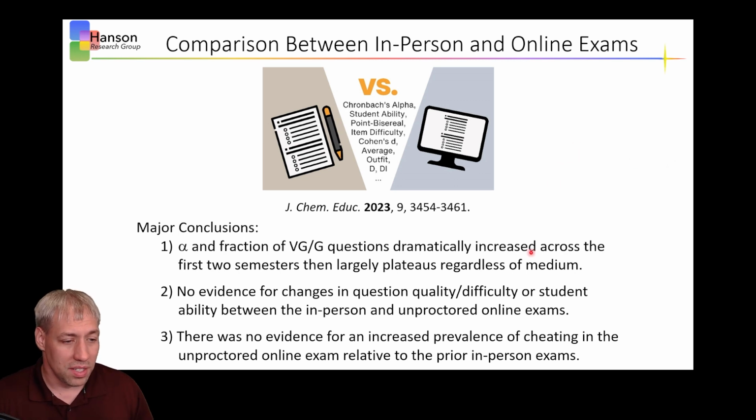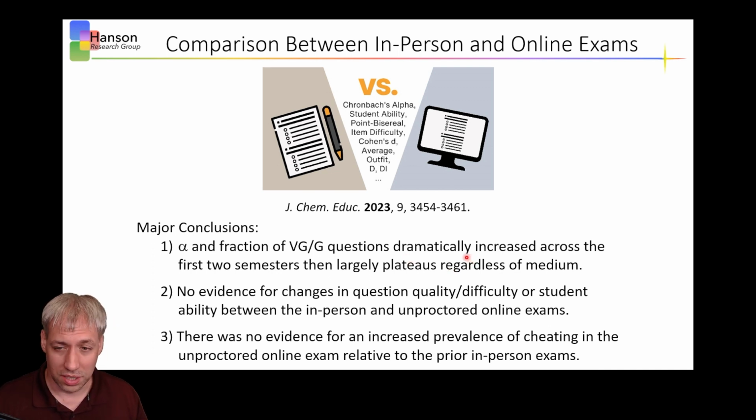And so, yeah, this is the summary. Major conclusions we saw: across the first 3 semesters as we implemented this design strategy, the reliability went up, and the fraction of good and very good questions dramatically increased, but then it largely plateaued regardless of medium.